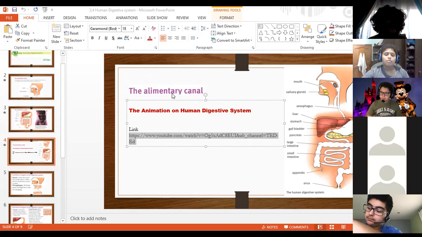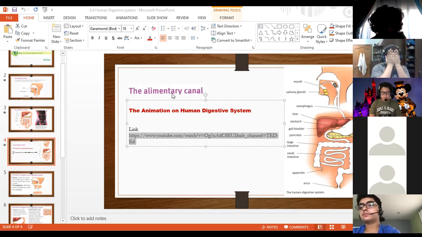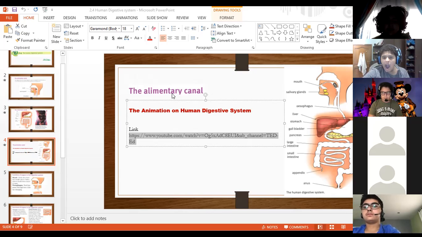It doesn't go through a lot of systems, like it doesn't go through the brain, the lungs, or kidneys, or liver, or pancreas. So there are many, many organs, right? But we mentioned the liver and the pancreas because they are contributing directly into the digestive system.